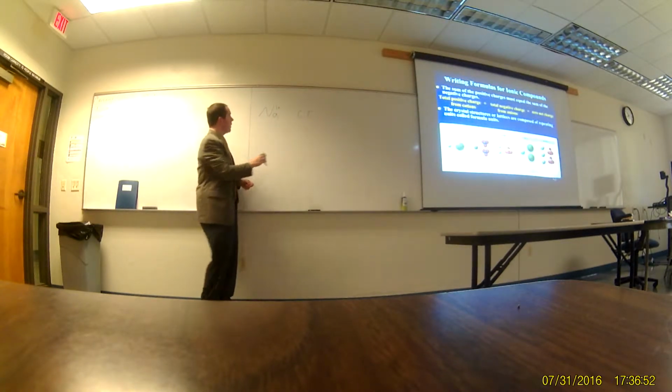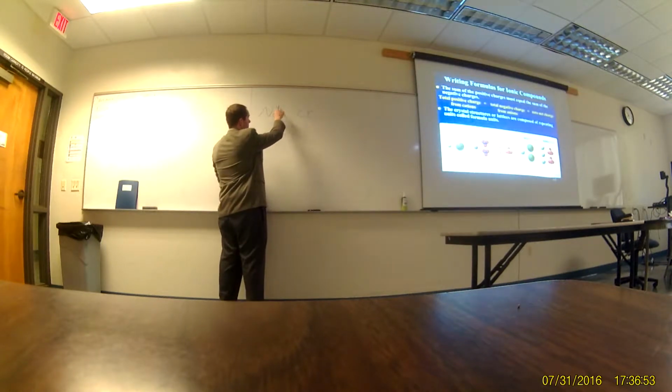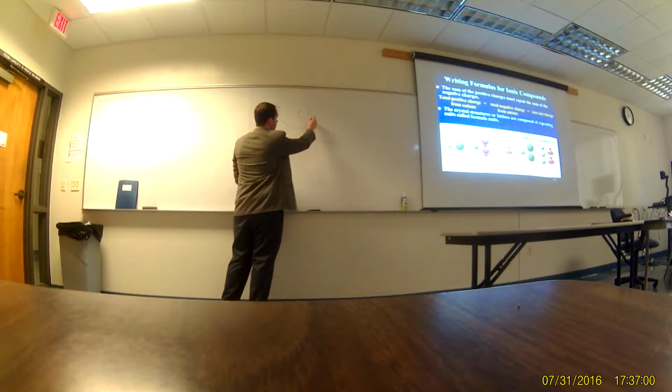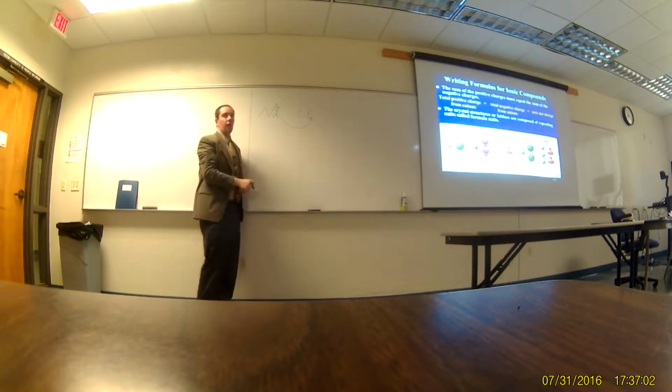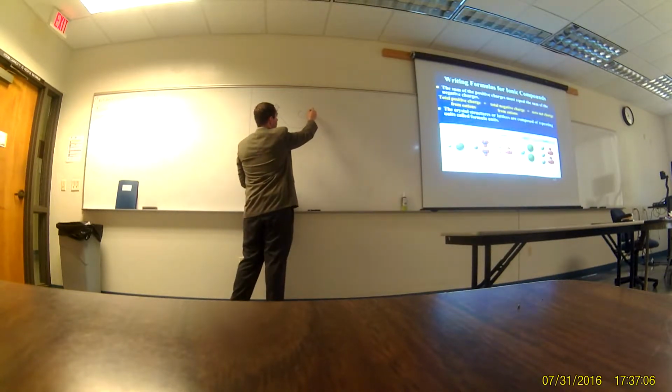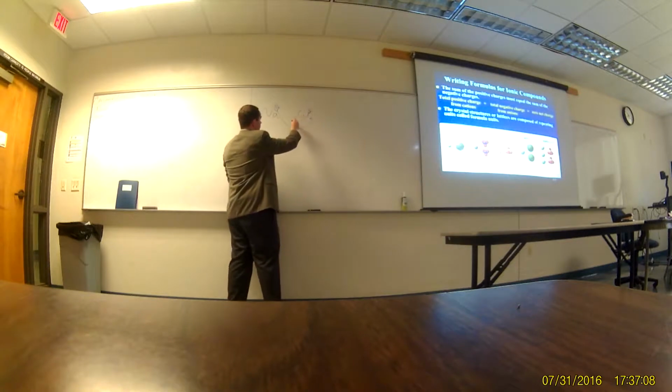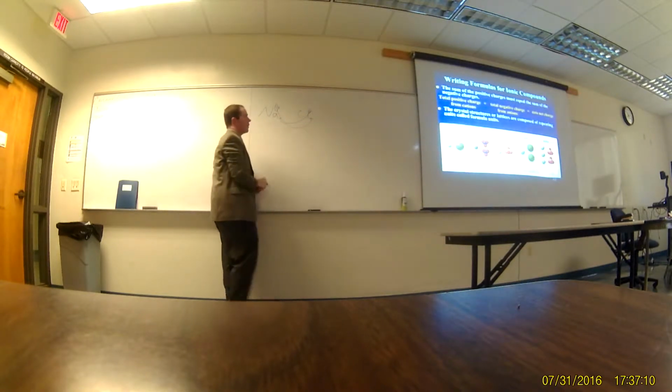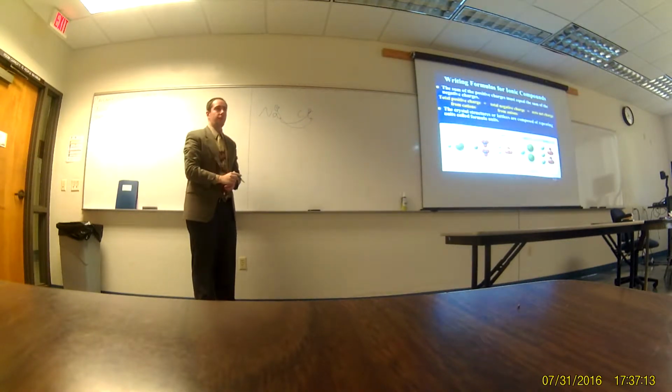What we're going to do is take this charge, just the absolute value of it, the 1, and move it down, and it's going to become the subscript on the chlorine. Then I'm going to take the 1 that's on the chlorine, move it down, and it's going to become the subscript on the sodium.